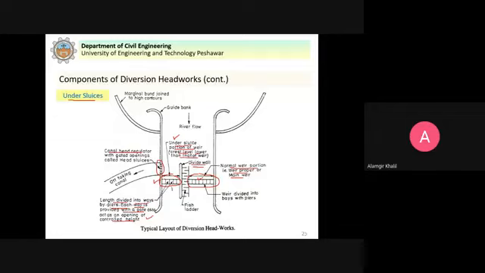The silted water will be flushed through these under sluices, and silt-free water will flow into the off-taking canal. So these are under sluices. You can see the important components of diversion headworks.